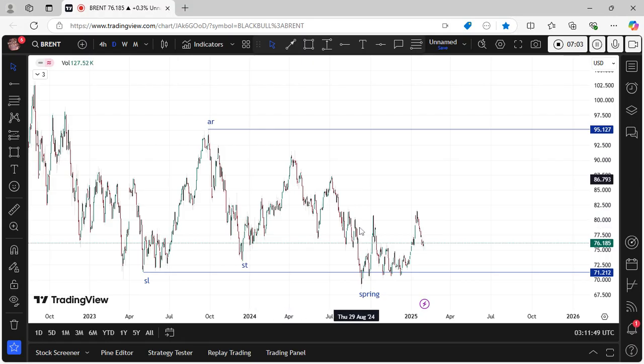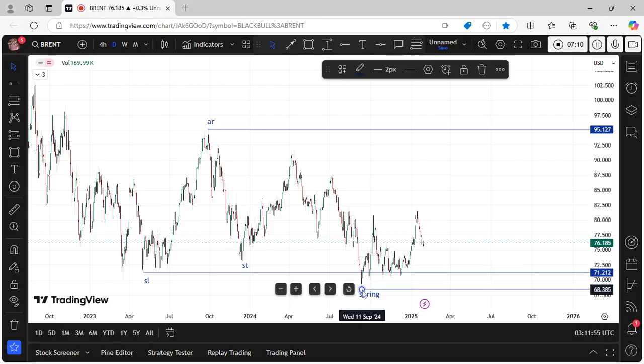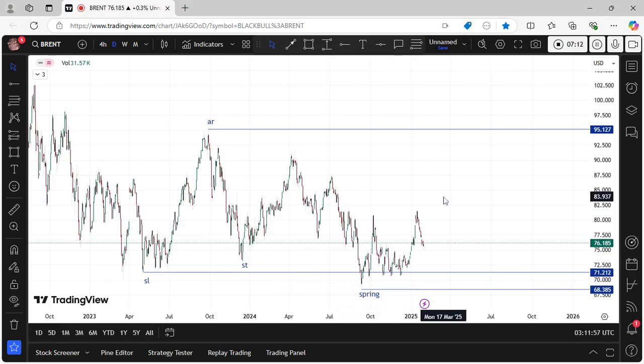So after this, price came and formed the spring. Now, the spring is the lowest point price will ever get to. So this is your spring. After the spring, you have a change of market sentiment. This is very important. It is at the spring that a high amount of buying force steps into the market.